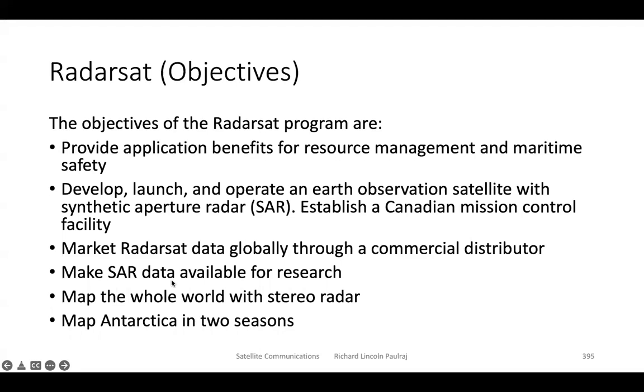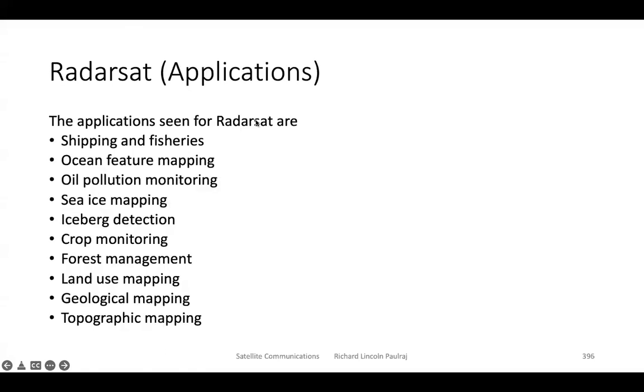So instead, if a few of the countries have launched, then probably the other countries can go with an understanding, sign an MOU, and they can take the data which has been extracted from their satellite. So in this way, they're saving time, they're saving money, and they're saving the maintenance costs. So many things come into the picture. So they wanted to map Antarctica in 2 seasons and map the whole world in stereo radar. So that was the idea.